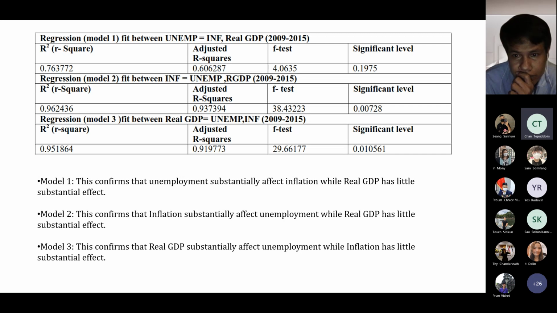The F-test is 29.36, which is more than the significance level of 0.01. So it indicates the rejection of the hypothesis that there is no causation between unemployment and real GDP growth. This confirms that real GDP substantially affects unemployment, while inflation has little substantial effect. Move on to the next slide.